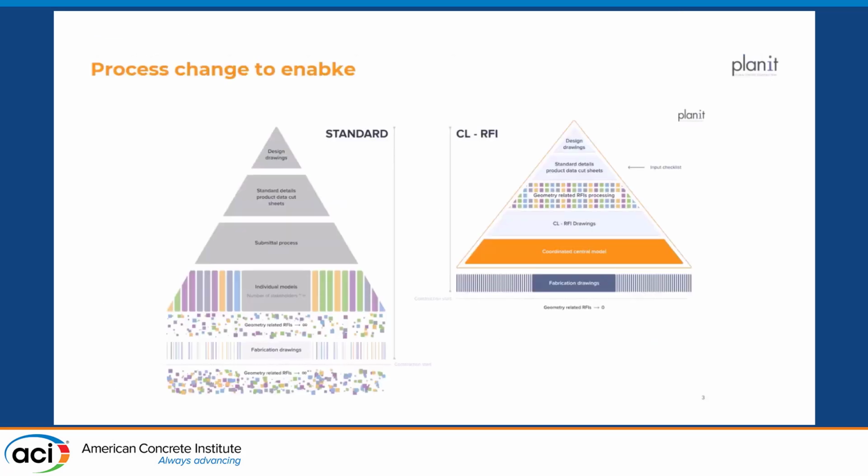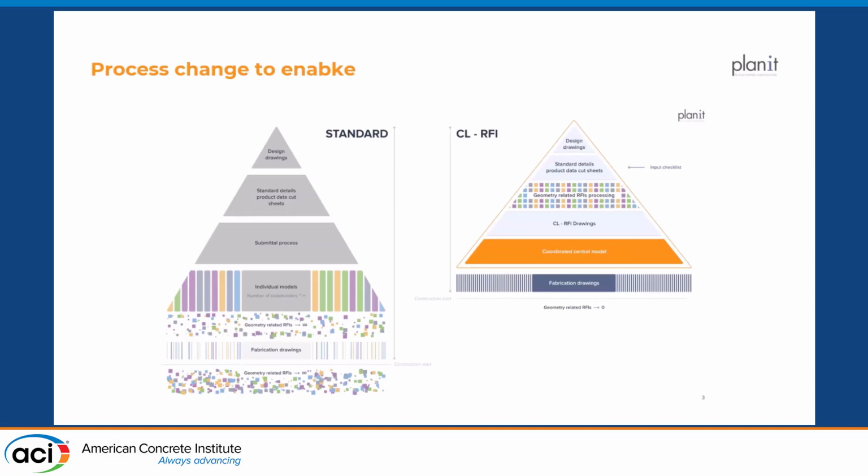So what do we actually do? What is the difference? And this goes into the completeness and the change in how we work. What I show here is the detail of how the process works. I'm not sure if you can read this. There's the design documents. It's a standard process, and we do submittals by submitting product data and then the fabrication drawings. Then we have a lot of BIM modeling typically on projects, and why we do this, we ask RFIs.